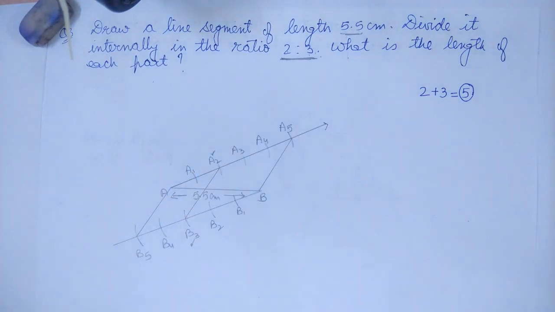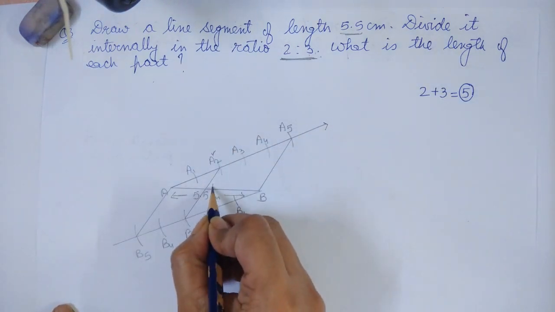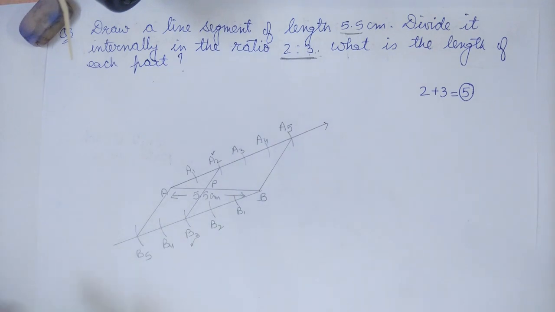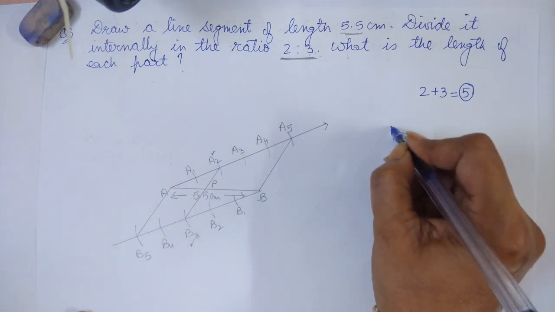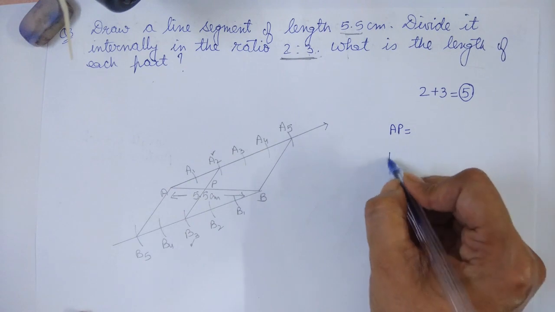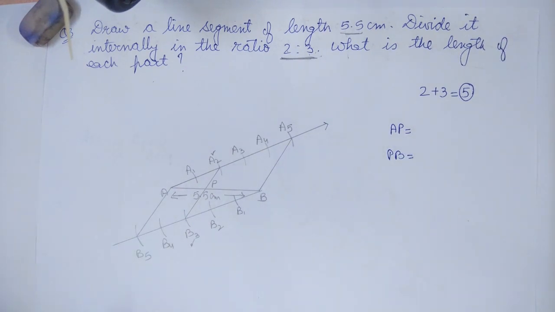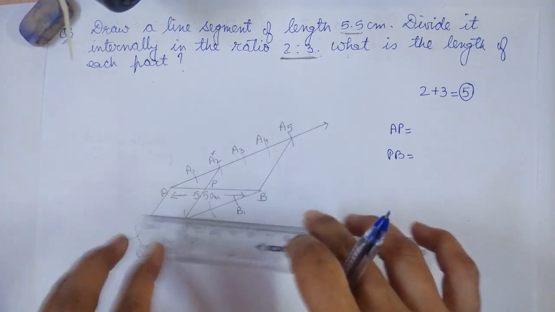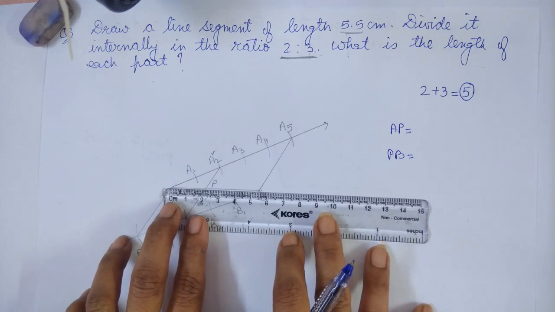Okay. Now the question is, what is the length of each part? Let this point be P. We have to find out the length of each part, means AP and PB. So let's take the help of the scale here. Measure AP.